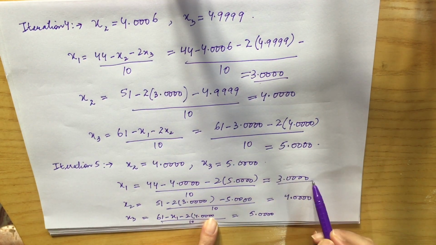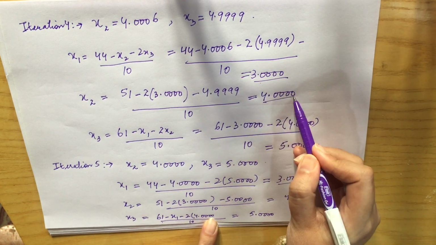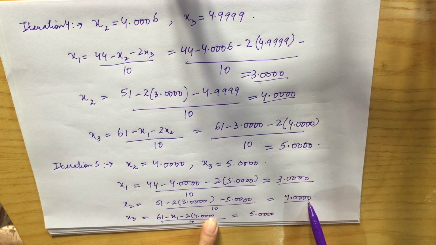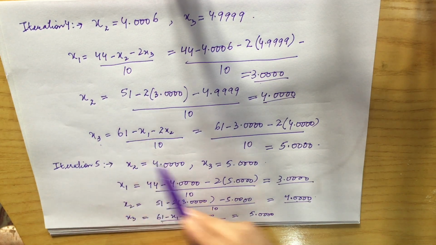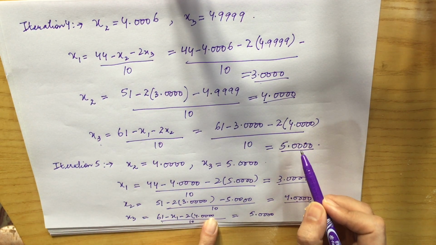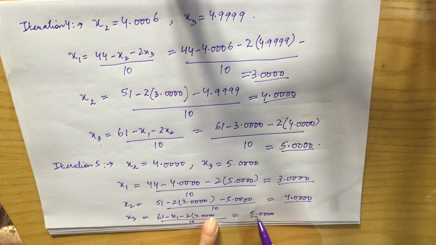Now you can see that the value of x1 in the fourth iteration is 3.0000 and in the fifth iteration it is 3.0000. Similarly, the value of x2 has not changed from the fourth to the fifth iteration. The values are the same up to the 4 significant digits, and similarly x3 is 5.0000 in the fourth iteration and 5.0000 in the fifth iteration.